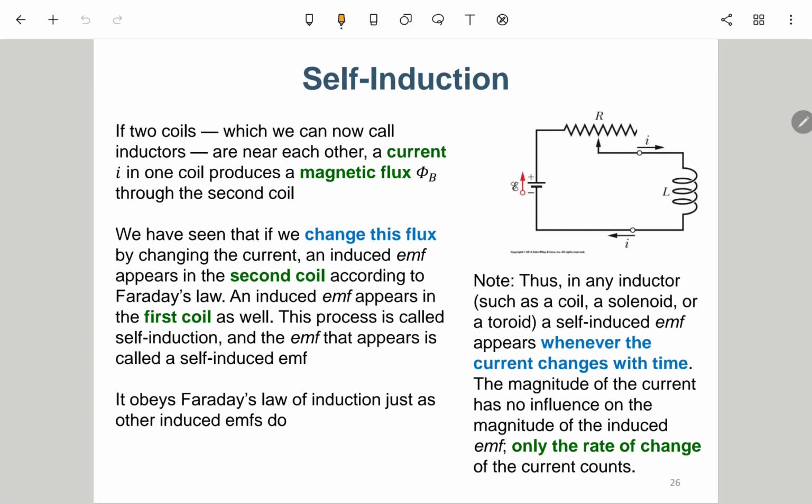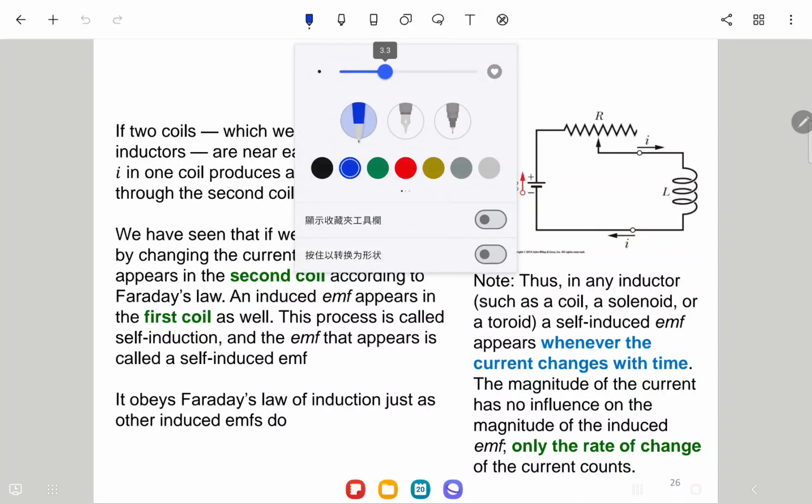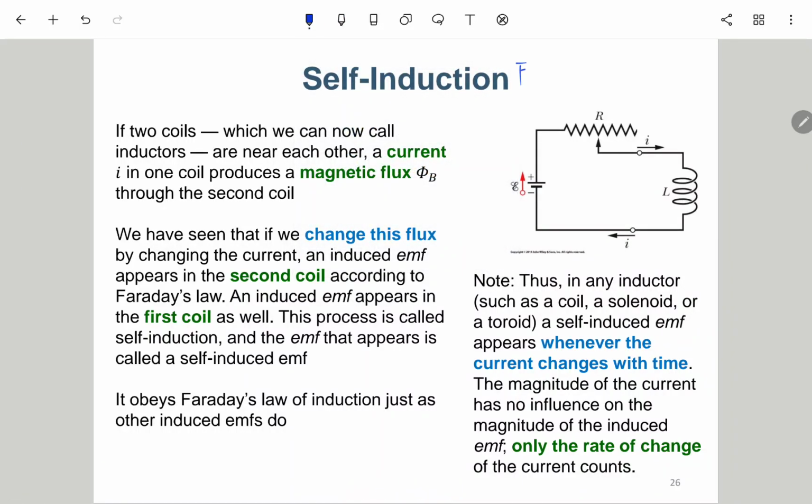This phenomenon we call self-induction. In Chinese we call it 自感应.